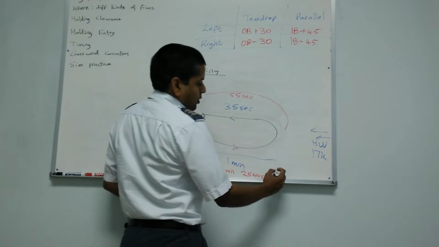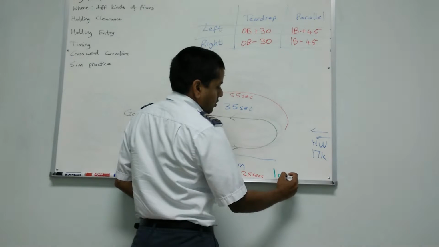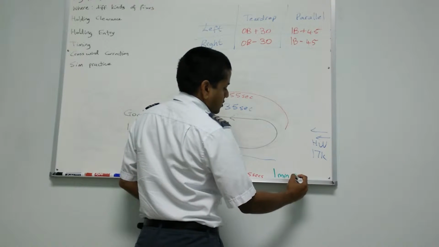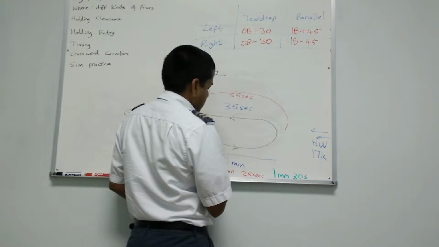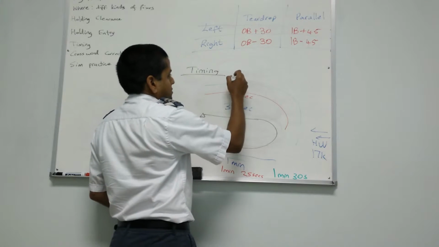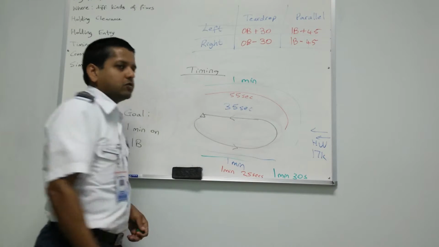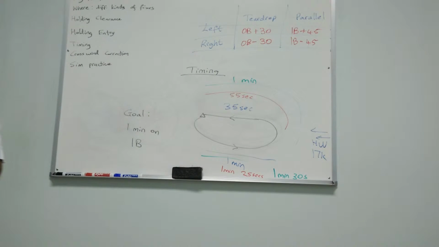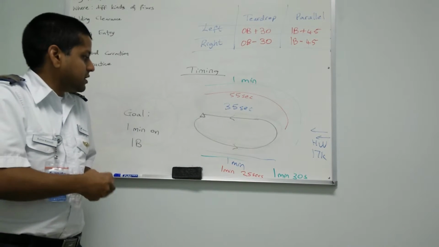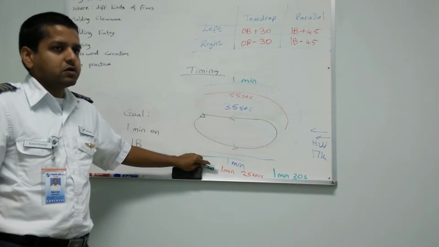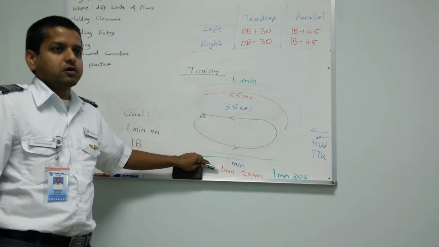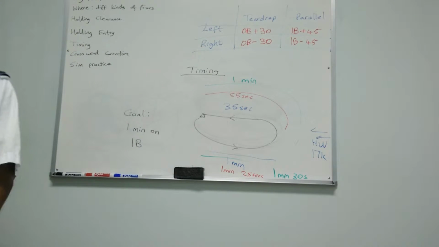So next on the outbound, we will fly 1 minute and 30 seconds. Alright? Turn inbound. Now hopefully you get 1 minute. So you take the last time for the outbound and adjust it accordingly. Okay?